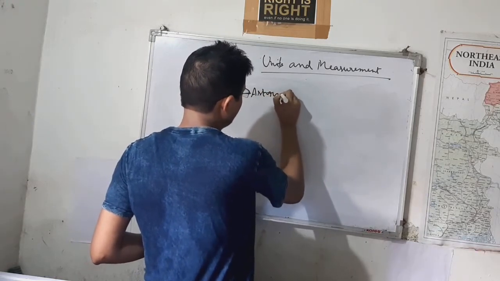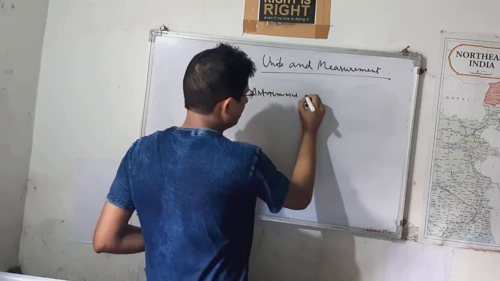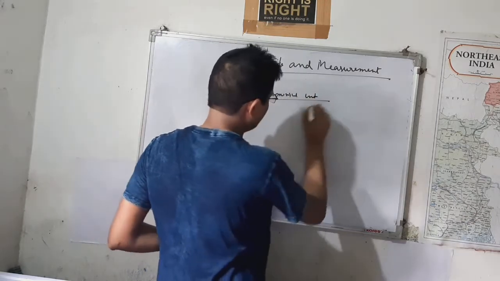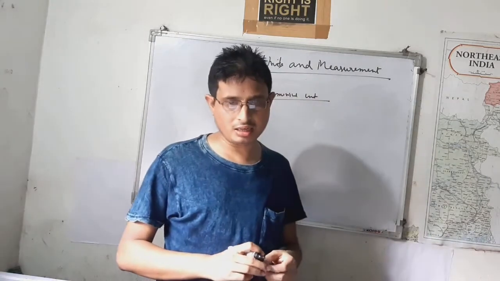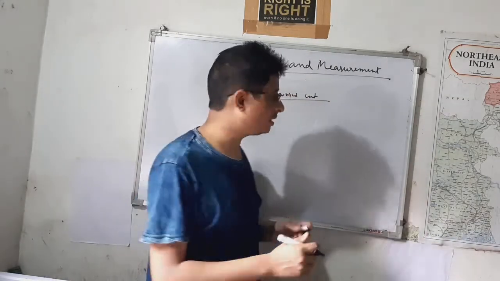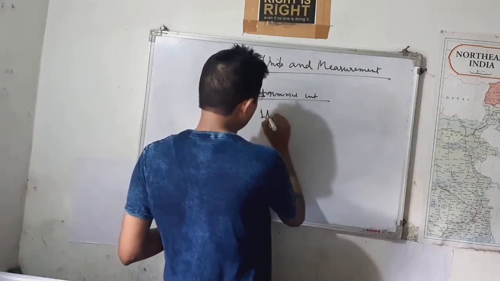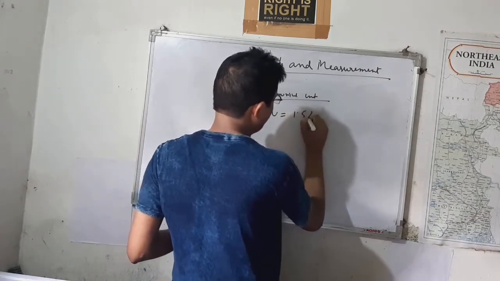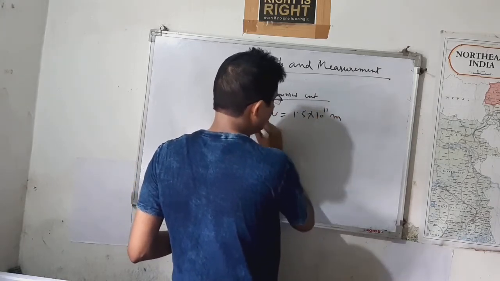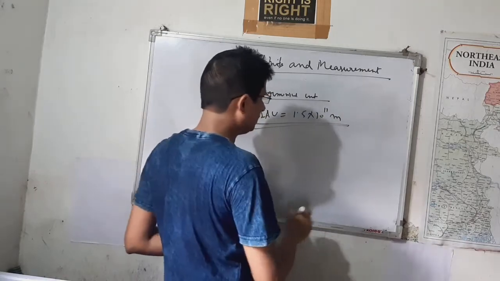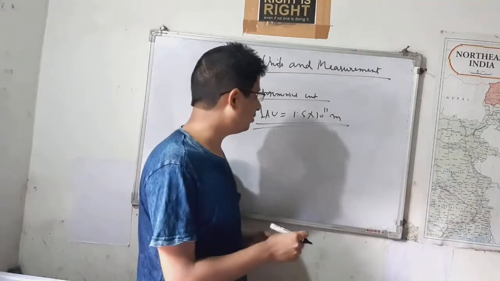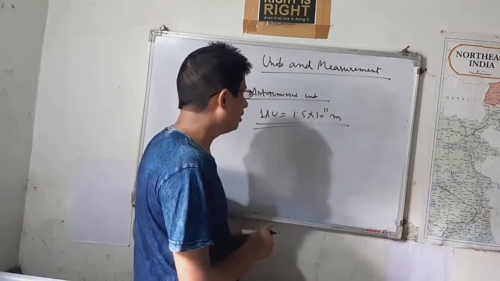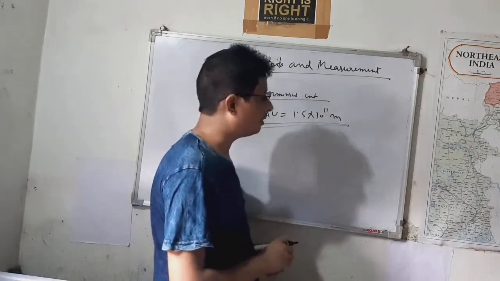The astronomical unit is nothing but the average distance between the Sun and Earth. 1 AU is approximately 1.5 into 10 to the power 11 meter. It is actually 1.496 into 10 to the power 11 meter, but for calculations we can use this round figure 1.5 into 10 to the power 11 meter.